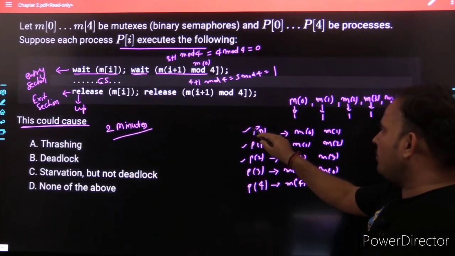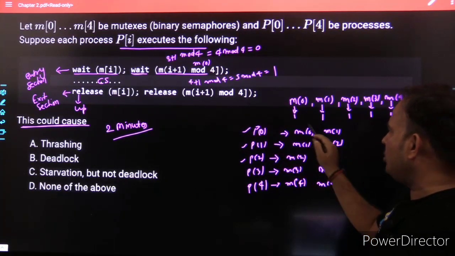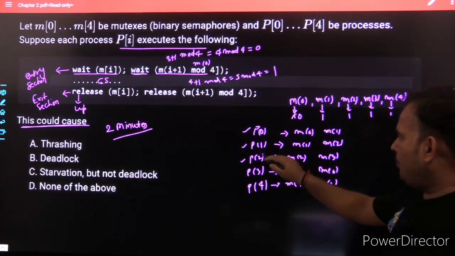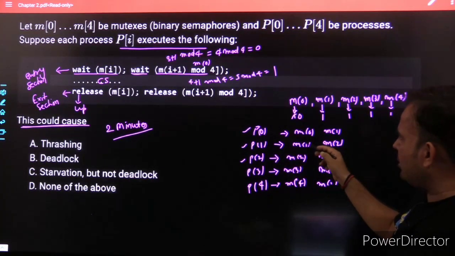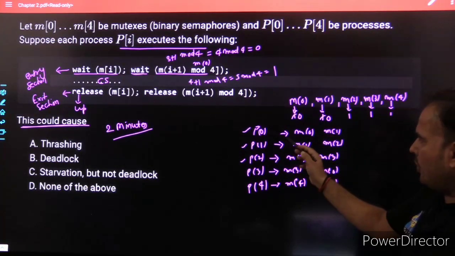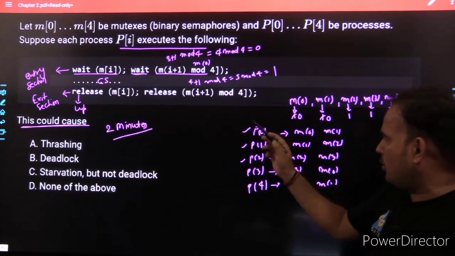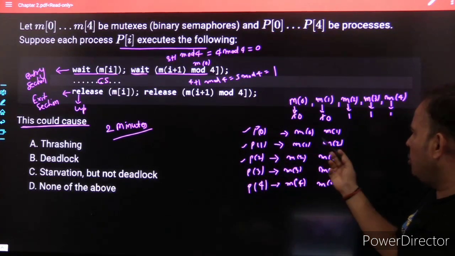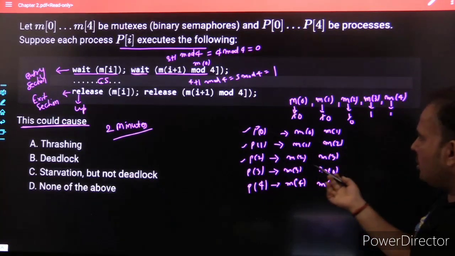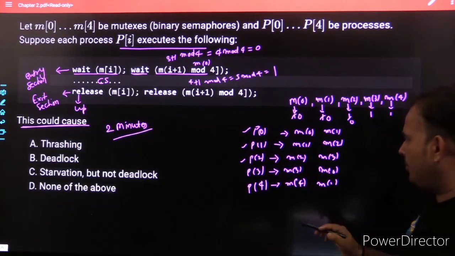So when P0 comes, P0 performs the down operation on M0, making it 0. P1 comes and performs the down operation on M1, making it 0, and after that P1 also gets preempted. P2 comes, performs the down operation on M2, and it also gets preempted.